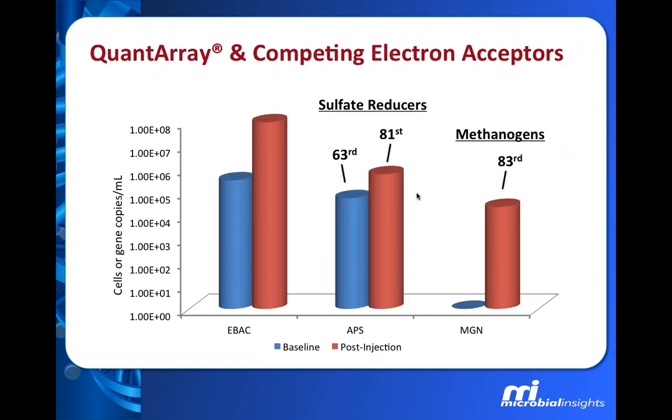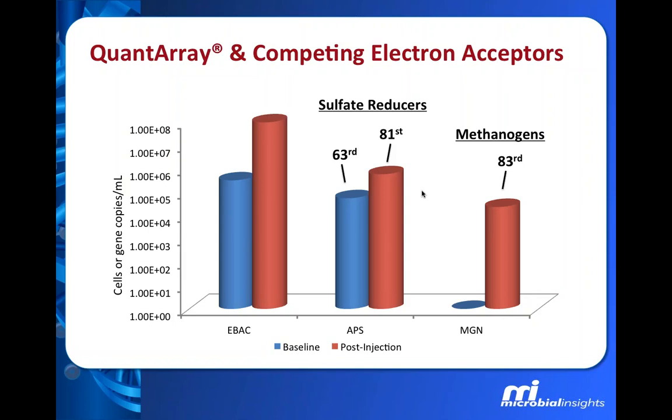Well, if we look at the QuantArray results a little more, we can also get some insight into why Dehalococcoides may not have reached that threshold concentration, at least during that first sampling event. If we look at total bacteria, the APS gene found in sulfate reducers, and methanogens here as well: in addition to Dehalobacter and Dehalogenimonas, which increased substantially, Dehalococcoides was also competing with sulfate reducers and methanogens for available hydrogen.